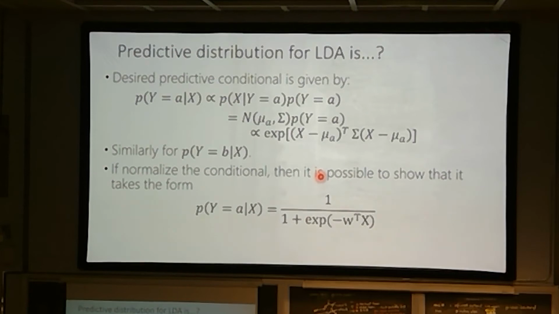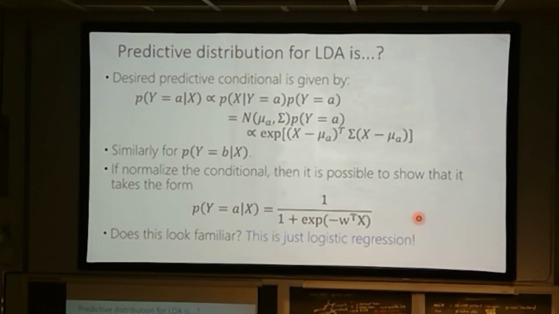So all I'm saying is that if I start with linear discriminant analysis, use Bayes' rule to compute the predictive distribution, and then manipulate things, it actually looks like logistic regression. What's going on? Have we just gone in a big circle, and this was a waste of a class to see if you would get the trick? No, it's not. This is logistic regression. And you could also extend this to multi-class softmax. If you had multiple classes here, you would also get a softmax out of this.